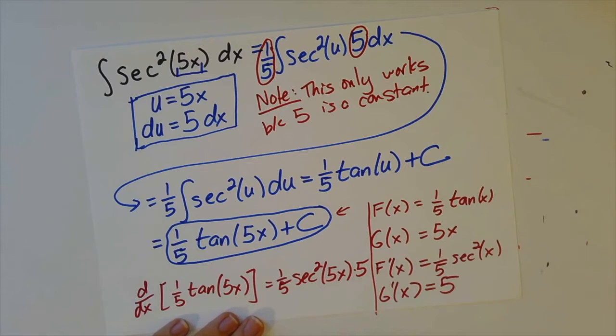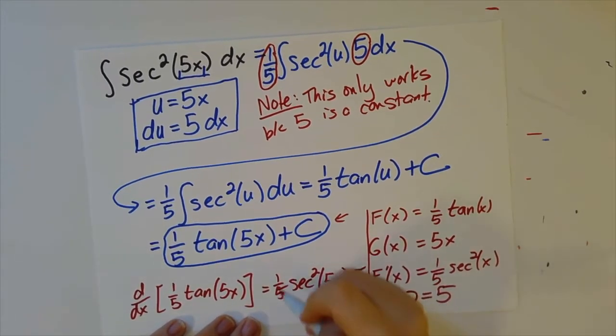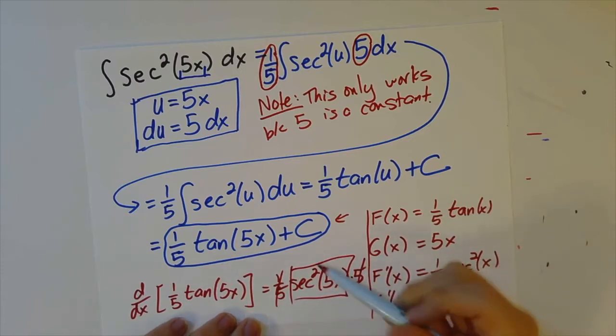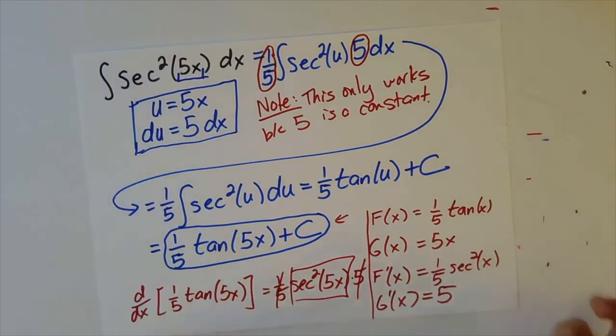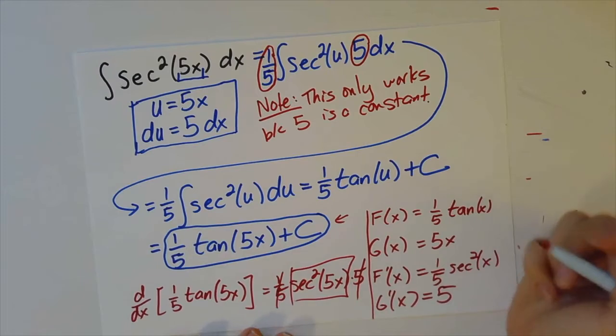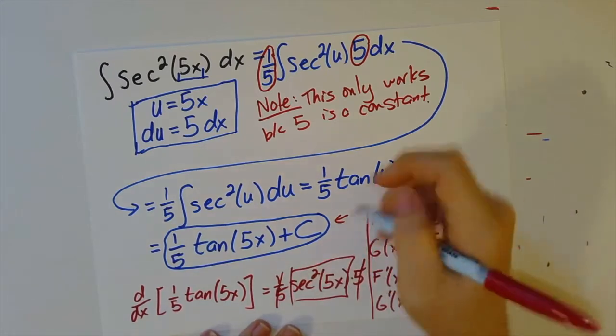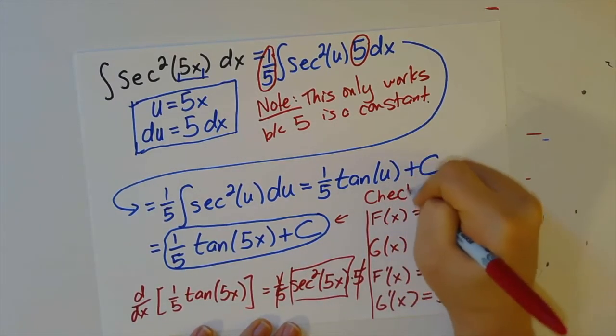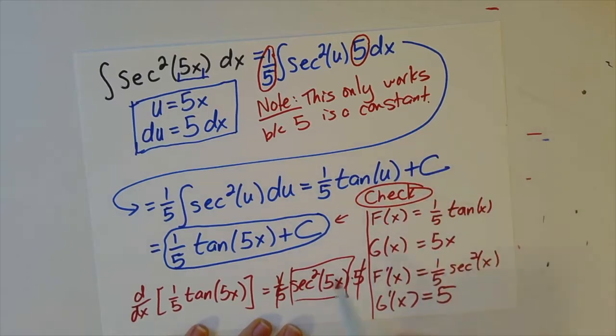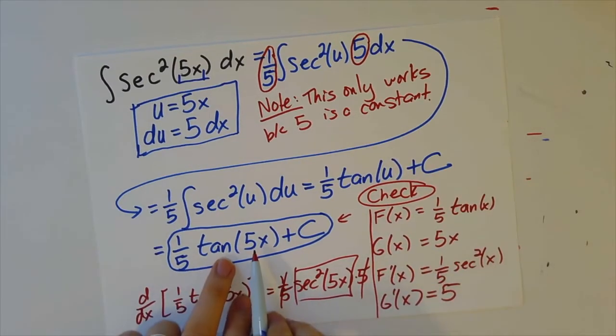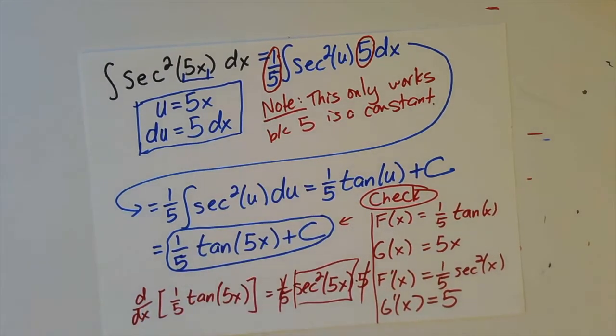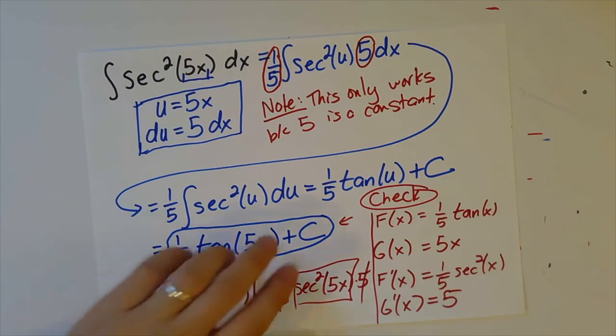If you look closely, you'll see that the 1/5 and the 5 cancel, and you get exactly secant squared of 5x, which is the thing we were supposed to get. All of this is just me checking that we got the answer correct, that we really found a function whose derivative was secant squared of 5x.